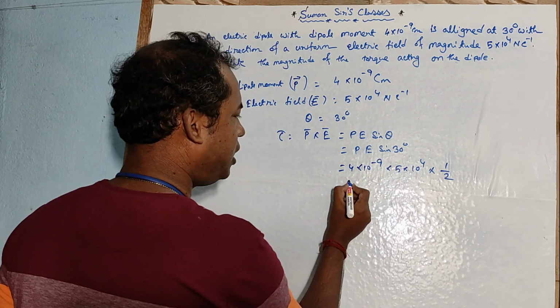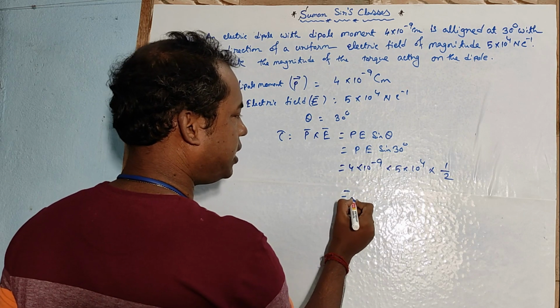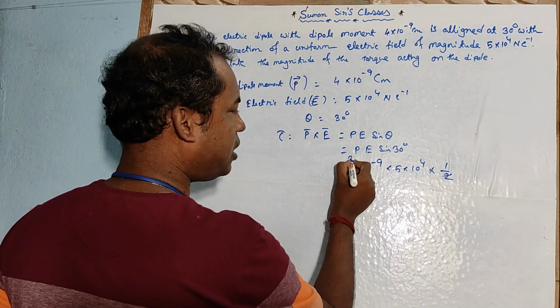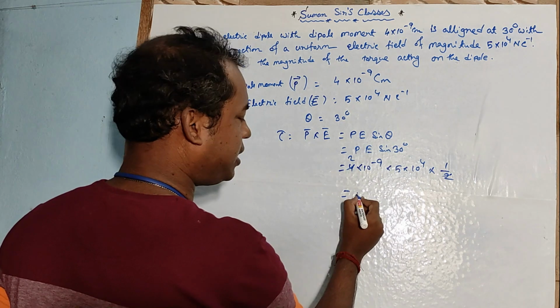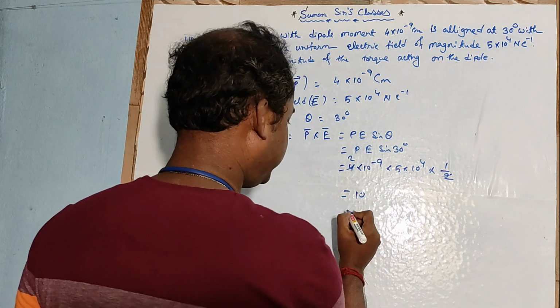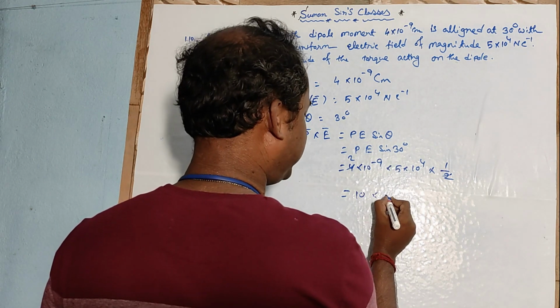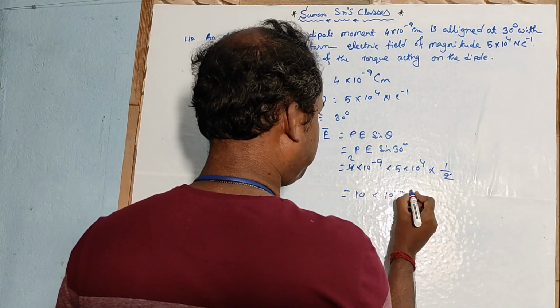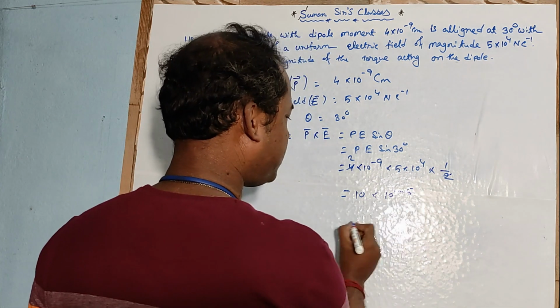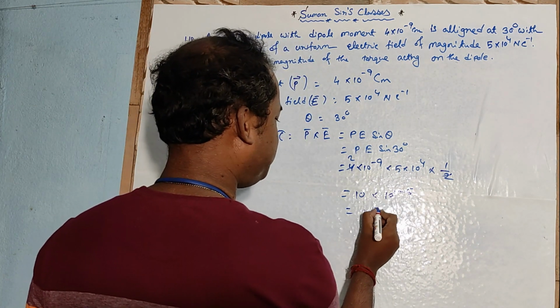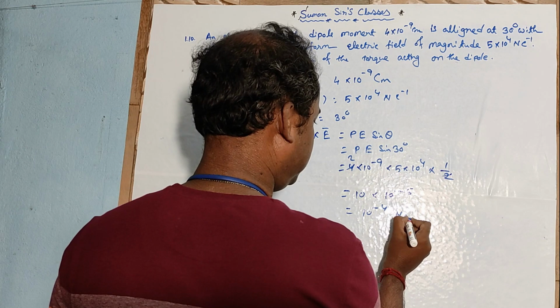So the 4 cancels out with the half, and 2 into 5 is 10. Then 10 into 10 to the power minus 9 into 10 to the power plus 4 gives 10 to the power minus 4 Newton meter.